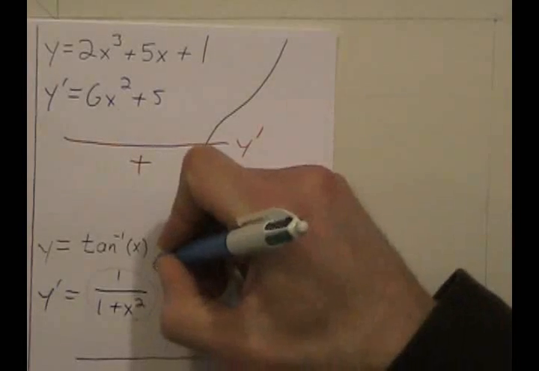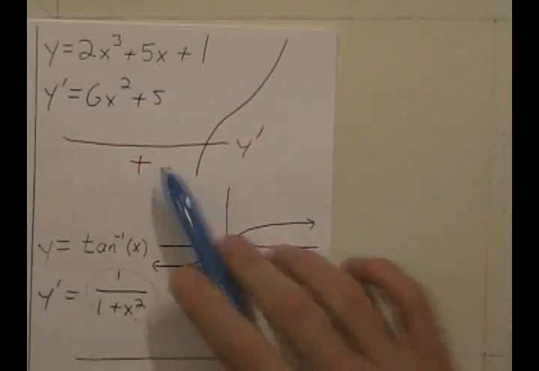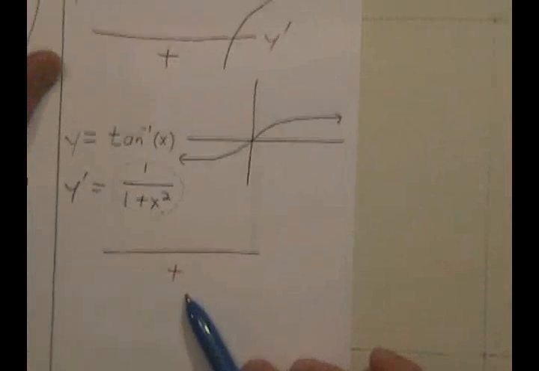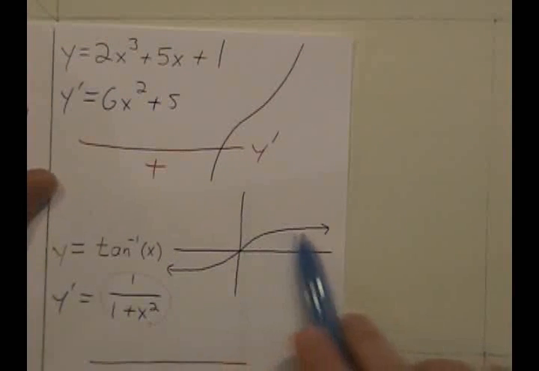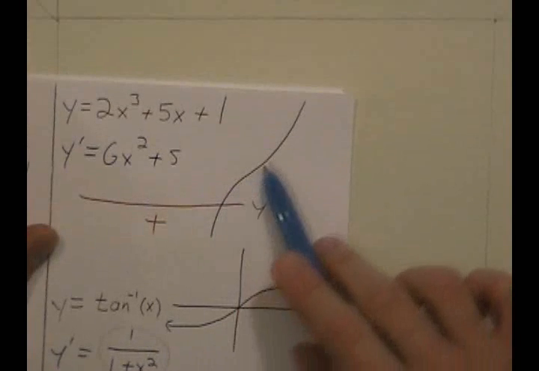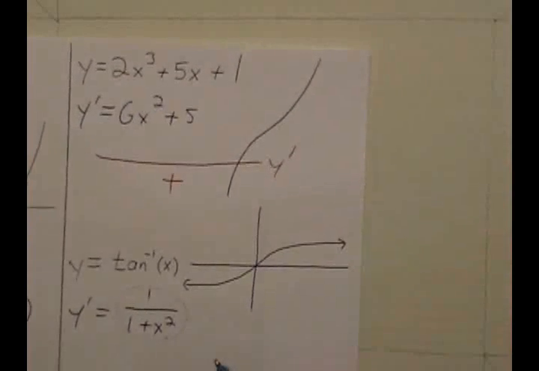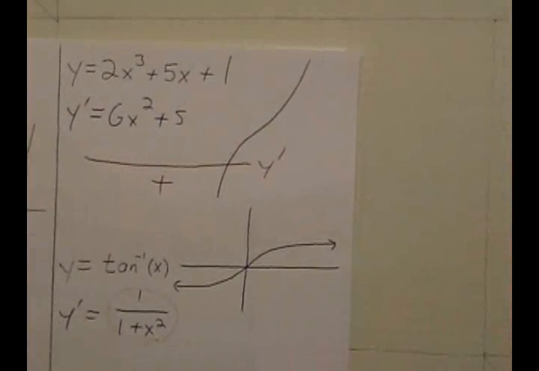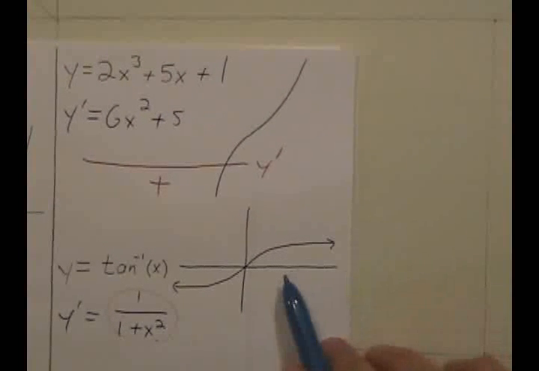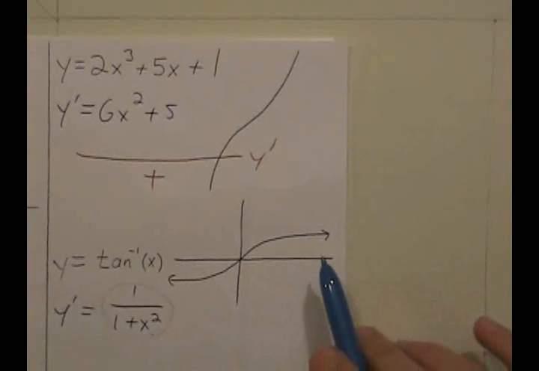So just having a plus sign for the first derivative doesn't tell you a whole lot. This is an increasing function, and this is an increasing function. So we're keeping it really basic here with the conclusions that we're going to draw from these sign charts.